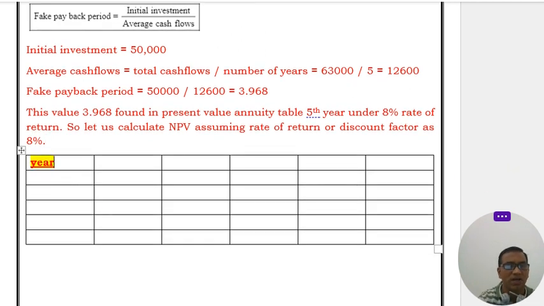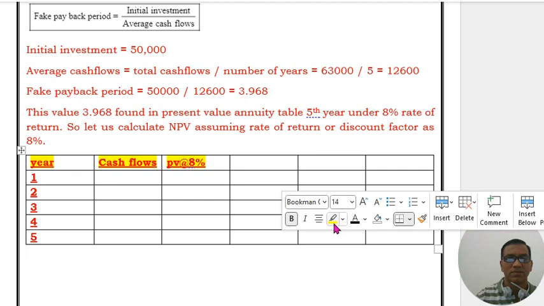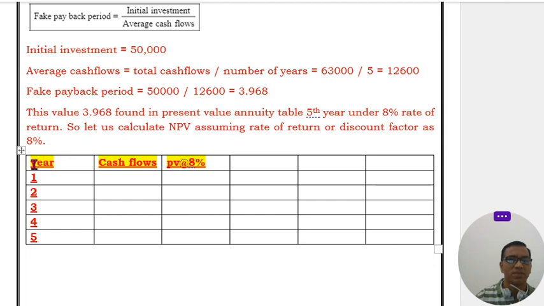So what is the first column? The year column: 1, 2, 3, 4, 5. Keep all the values. And next, cash flows. What is given in the question? Cash flows are available.